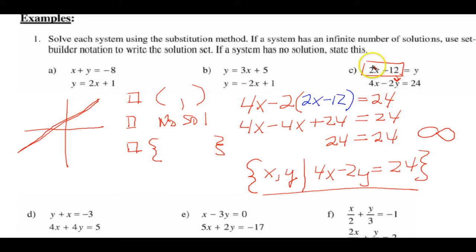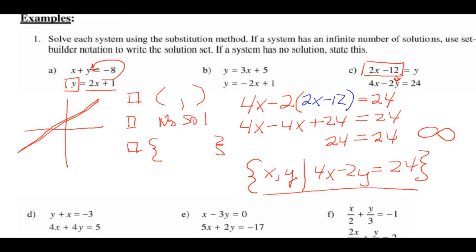So through these three examples in which we used substitution, the pattern was if you have one letter equals something, you take that, replace it where that letter is, so you then end up with an equation with only one kind of letter that you solve. If you get a true statement after the variables eliminate, then these are the same lines.